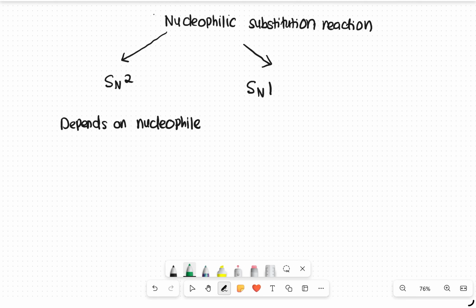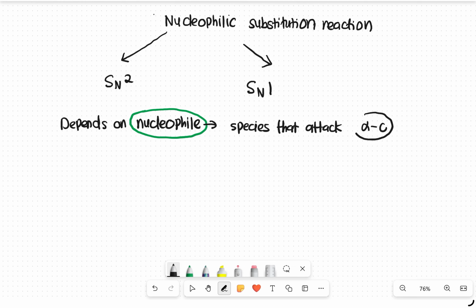But before that, what does it mean by nucleophile? A nucleophile is a chemical species that attacks the alpha carbon.